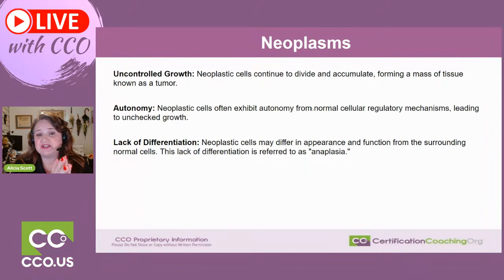Lack of differentiation, that is when the cell doesn't look normal. Do you remember back in school biology, you got to look at the slides and they gave you a slide of a plant cell and they showed you the difference between a plant cell and a human cell. Plant cells are square, human cells are round. Plant cells are square, then stack on each other. That's how they get their structure. And that's how they pull fluid going up, kind of like a ladder.